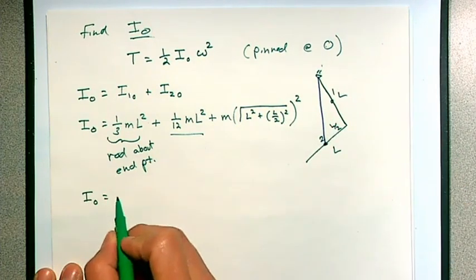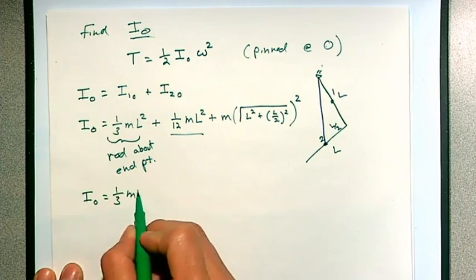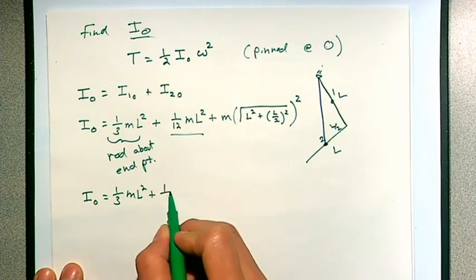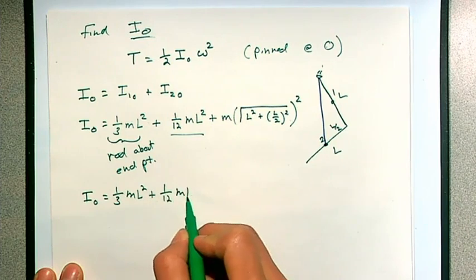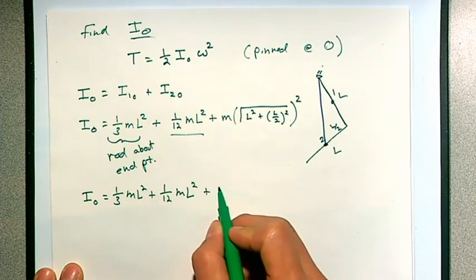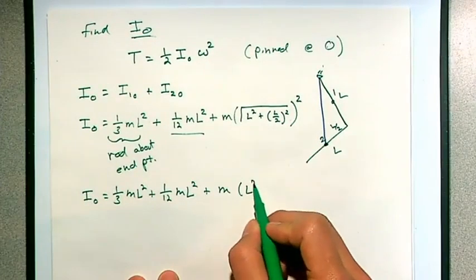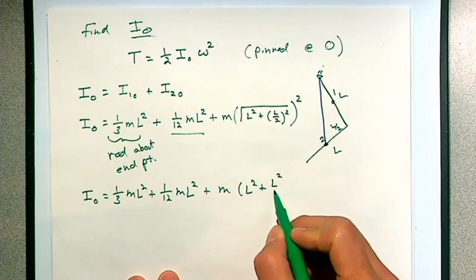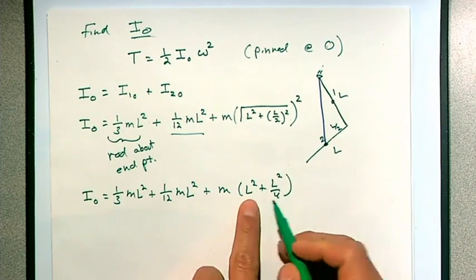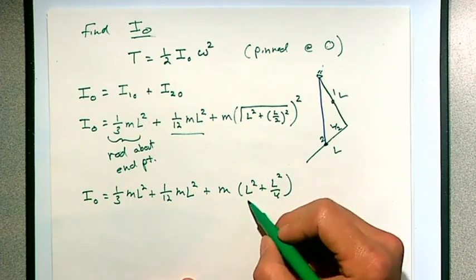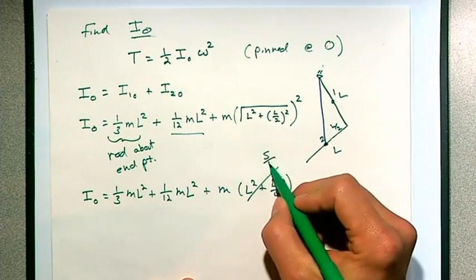So IO is 1/3 ml squared plus 1/12 ml squared plus m times L squared plus L squared over 4, or 5/4 L squared.